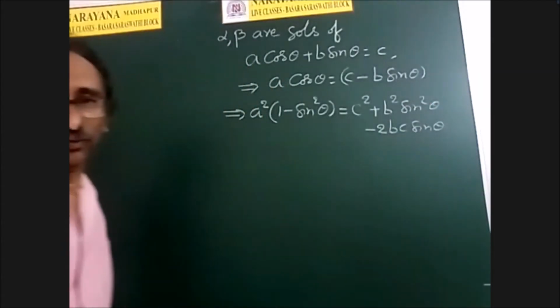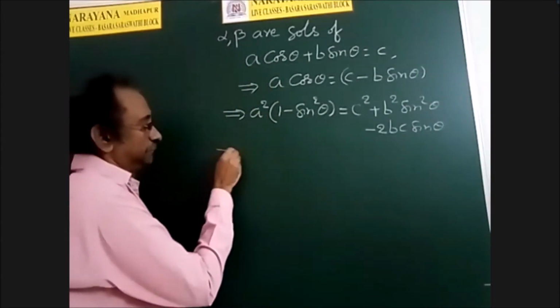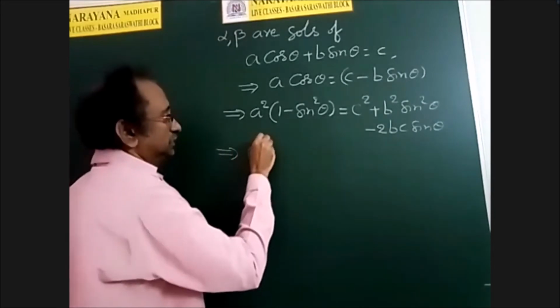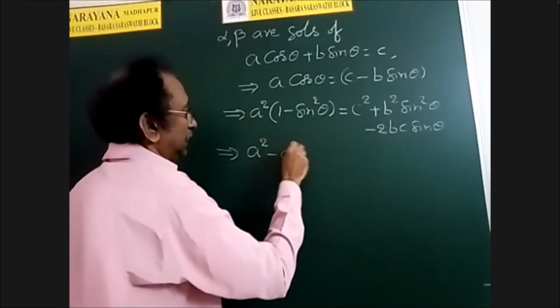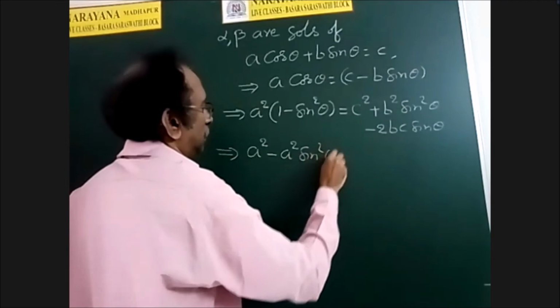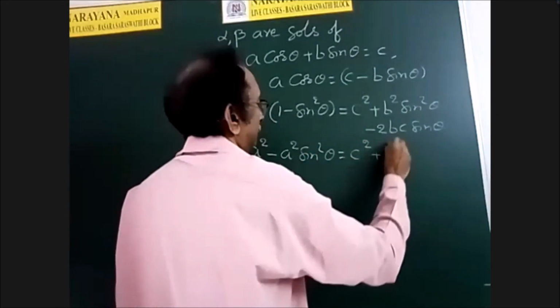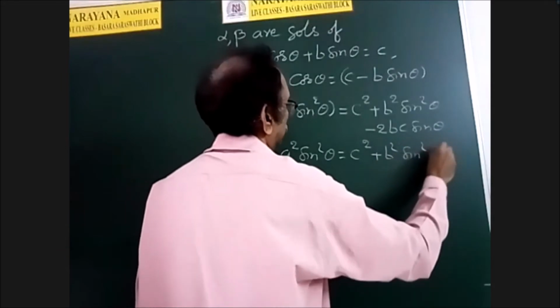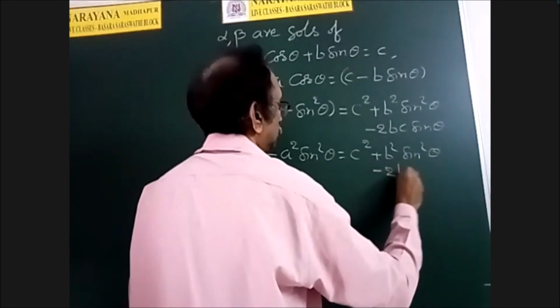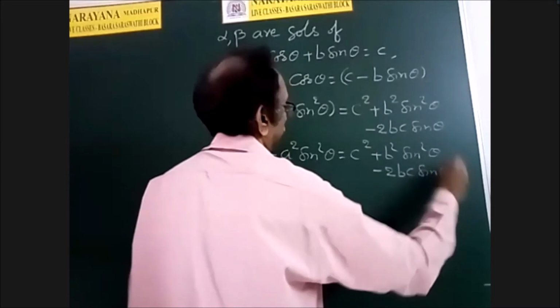So observe, we are getting a quadratic in sin theta. So A square minus A square sin square theta is equal to C square plus B square sin square theta minus 2bc sin theta.